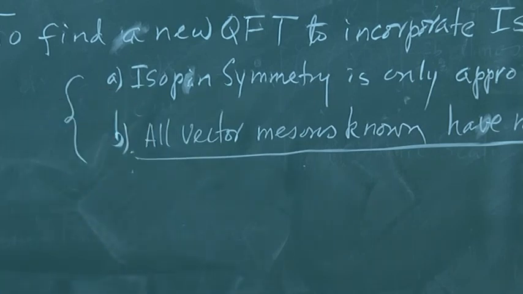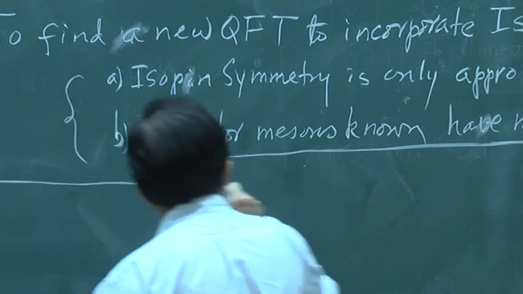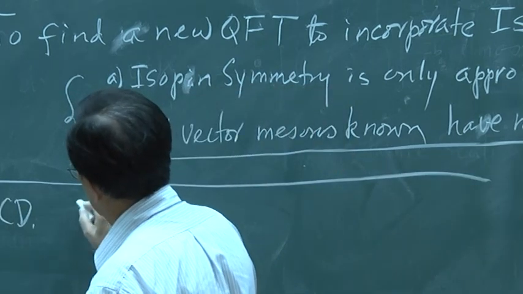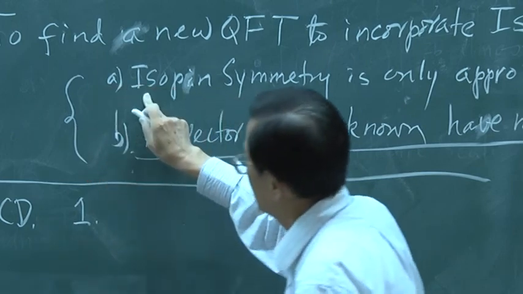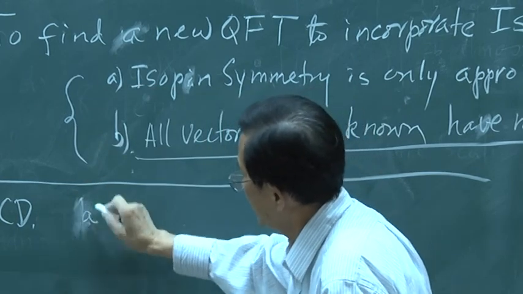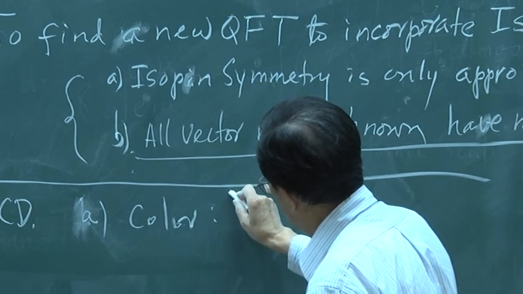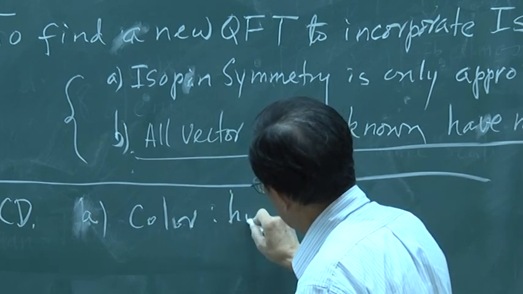So that's that. Now, you compare this with QCD. You see that the one, it's not an isospin, but it's a color. It's a hidden quantum number.